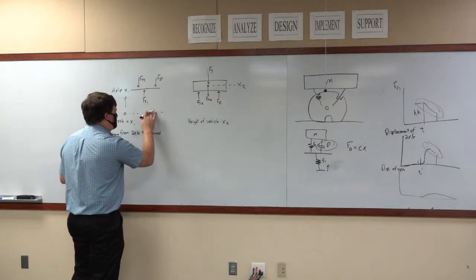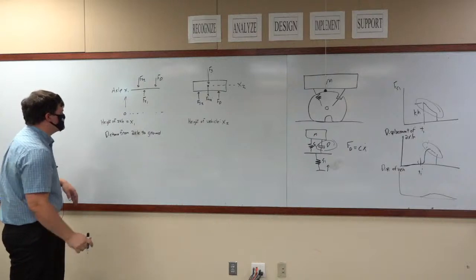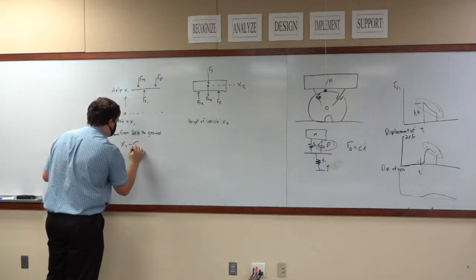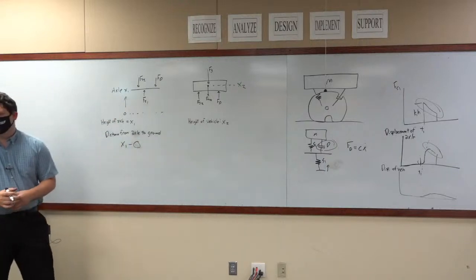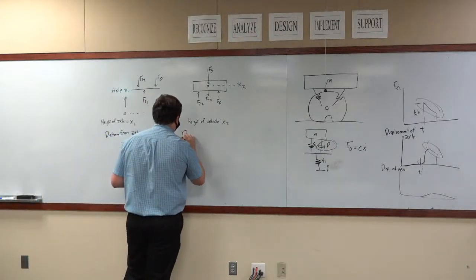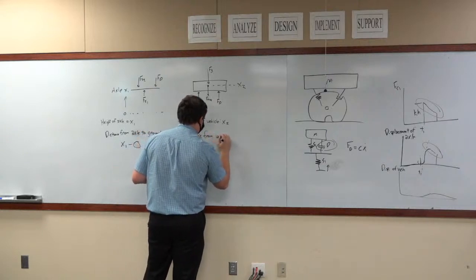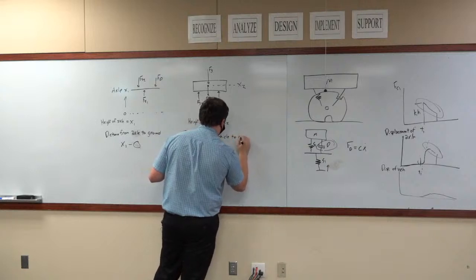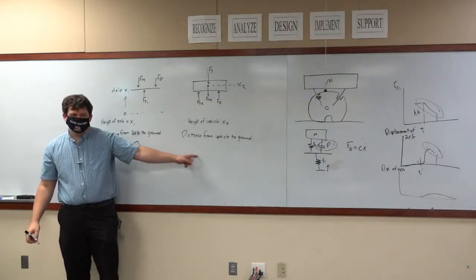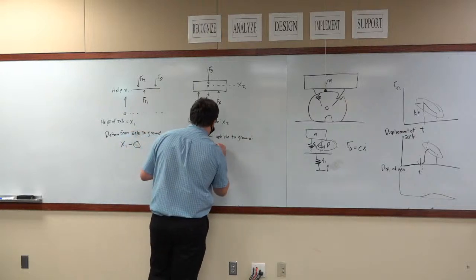You can do whatever you want with math. So the distance from the axle to the ground is x1 minus 0. Distance from the vehicle to the ground. What do you think the equation is here? x2 minus 0. That's pretty simple.